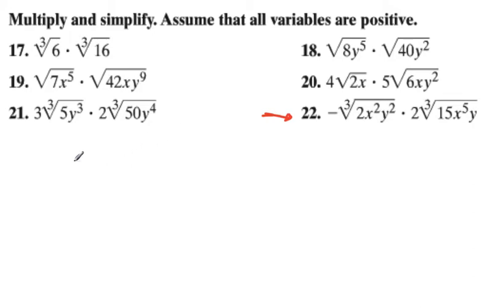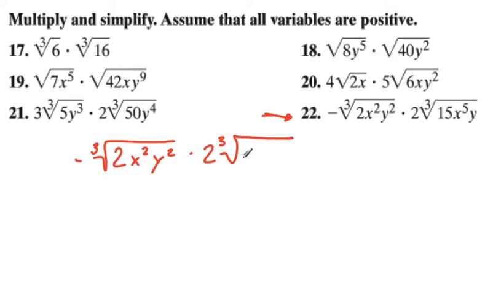We've got negative cube root 2x squared y squared times 2 cube root 15x to the fifth y. All right, so we're going to keep the outside stuff outside.